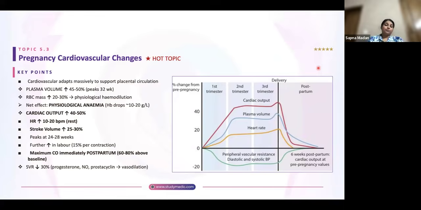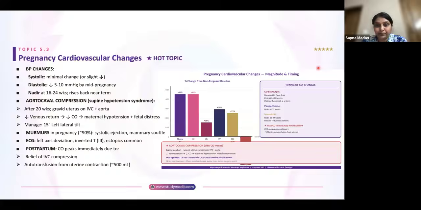Systemic vascular resistance will decrease by 30% because of progesterone, nitric oxide, and prostacyclin-mediated vasodilatation. So the heart rate goes up, the plasma volume goes up, the cardiac output goes up, but the peripheral vascular resistance and the diastolic and systolic BP will come down.